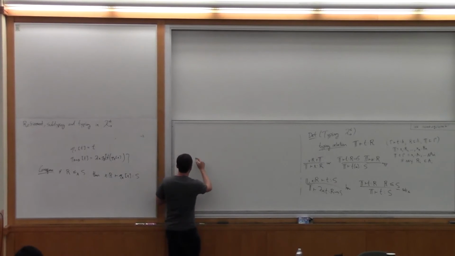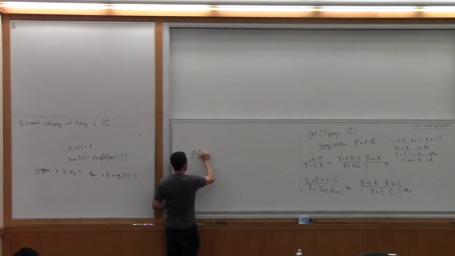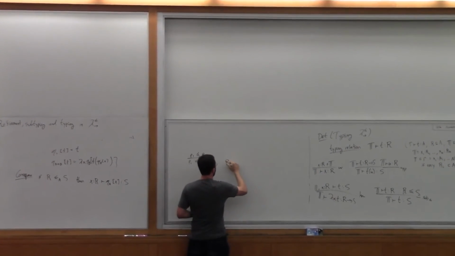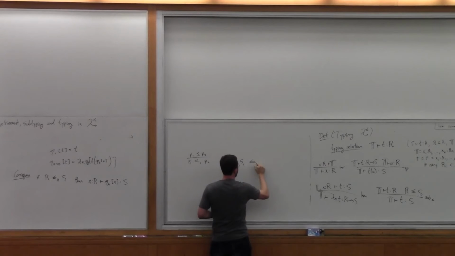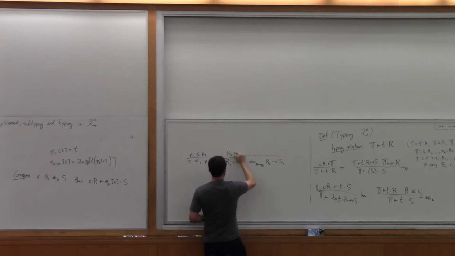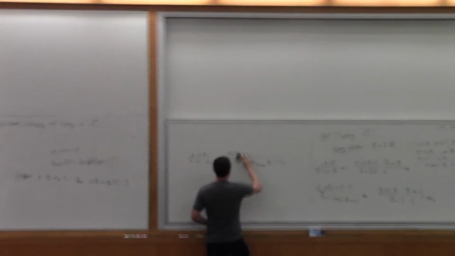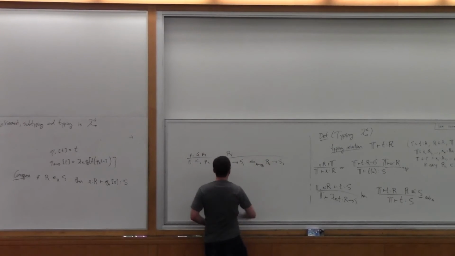So again, if you look at the definition of subtyping, it's pretty easy to see that it's decidable, and there's a very simple procedure for deciding it.